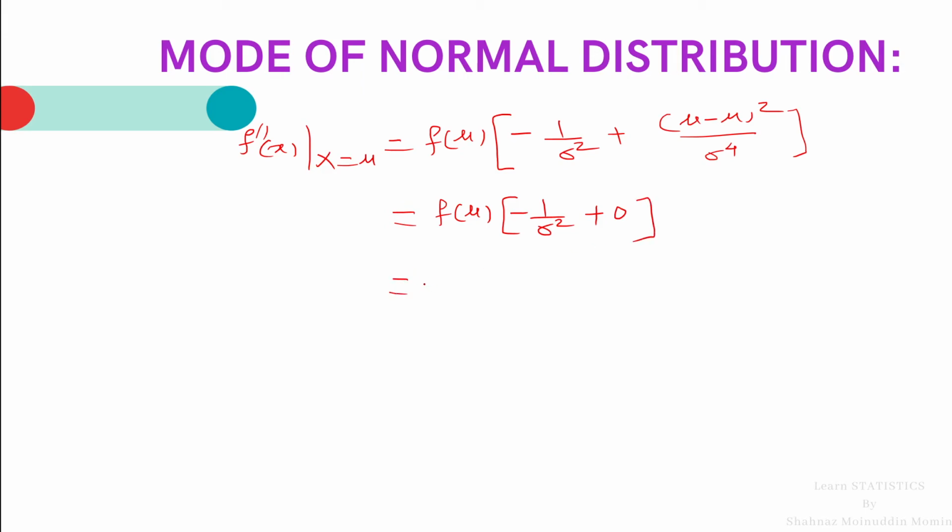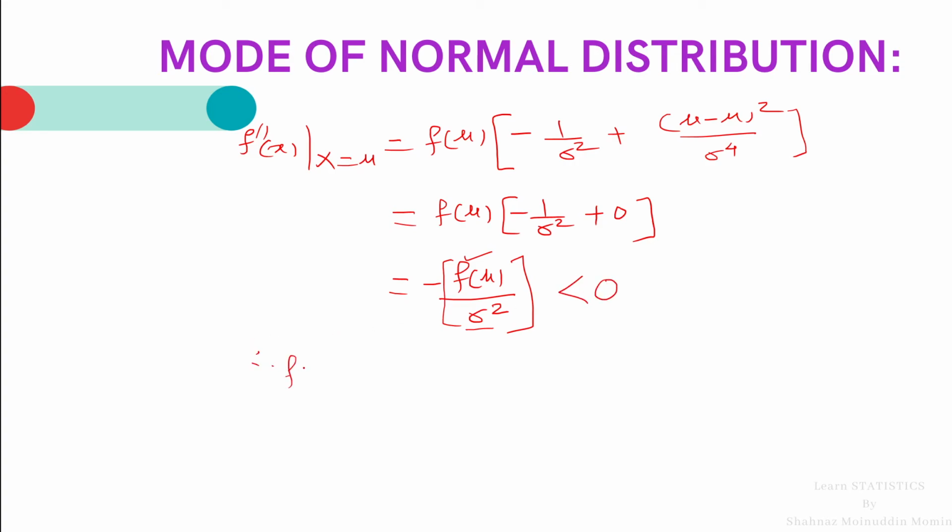So it is minus f of mu divided by sigma square. Since f is a PDF and it is between 0 and 1 and sigma square variance is positive, due to this minus sign the whole effect of the equation is negative.